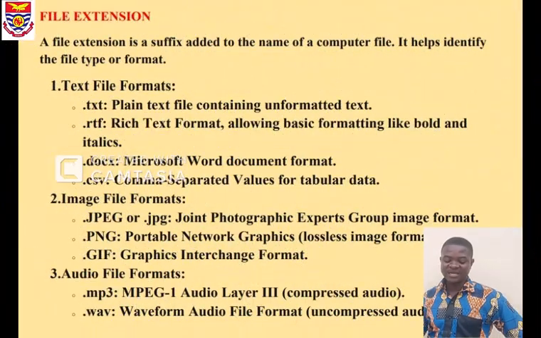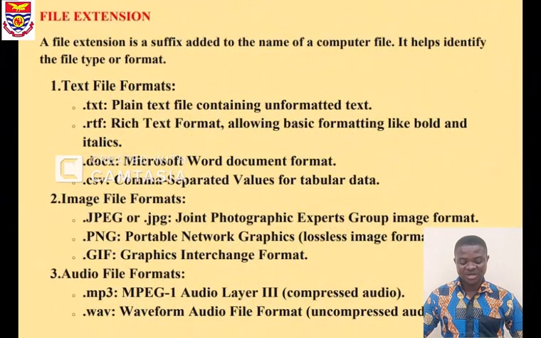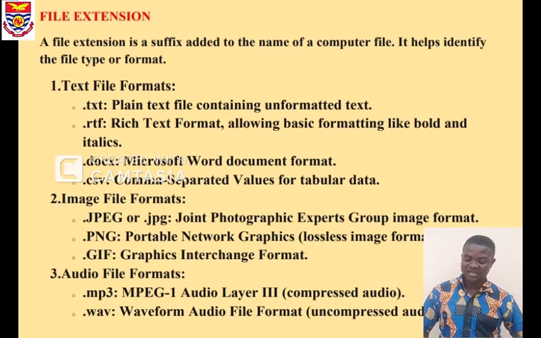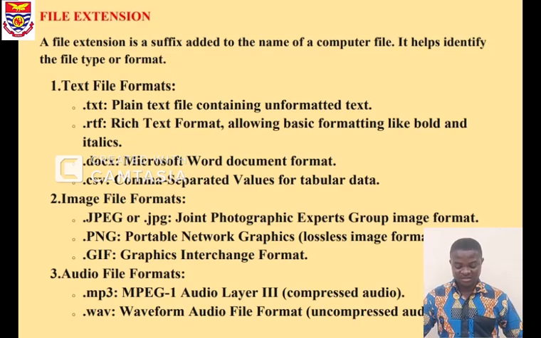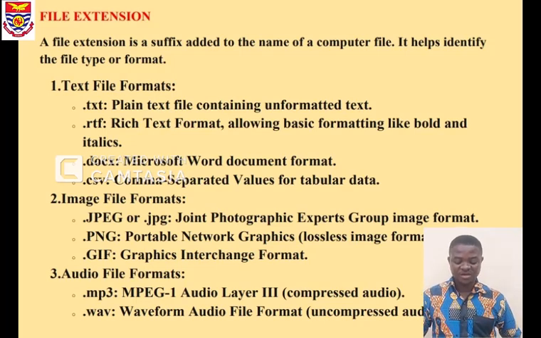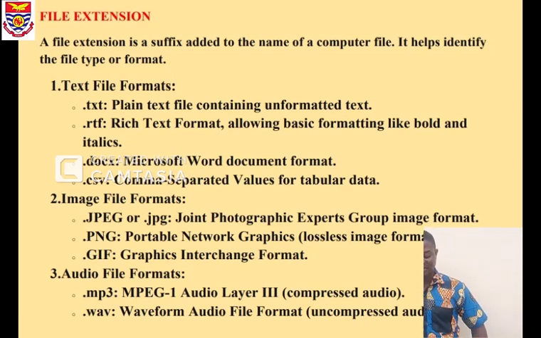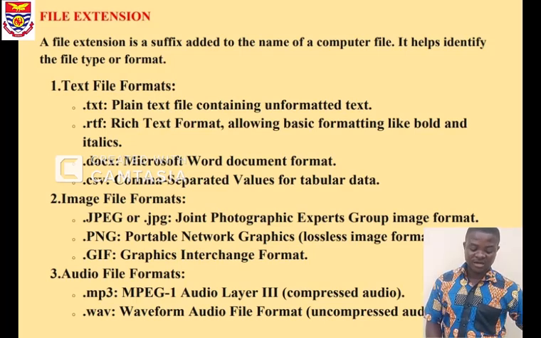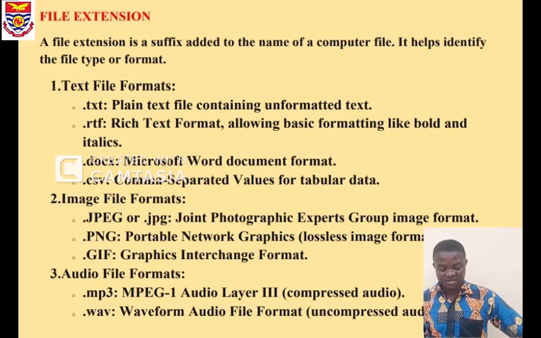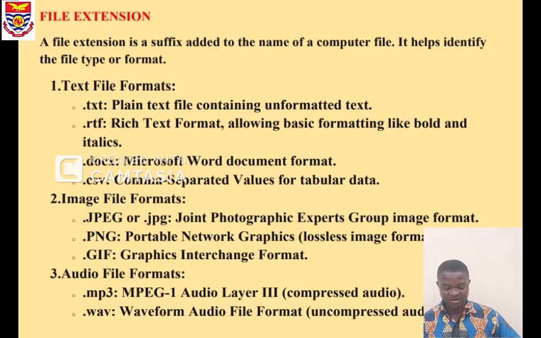We continue with the file extensions. The other ones are the program file formats. The program file format extensions include .c, .java, and .py, which is Python. .java is for Java programming, and .c is a programming language for source code. Under compressed archive file format we have .zip, .rar, and .tar.